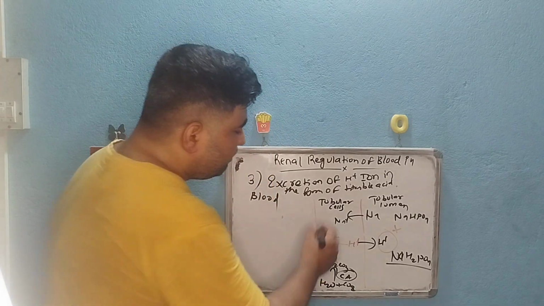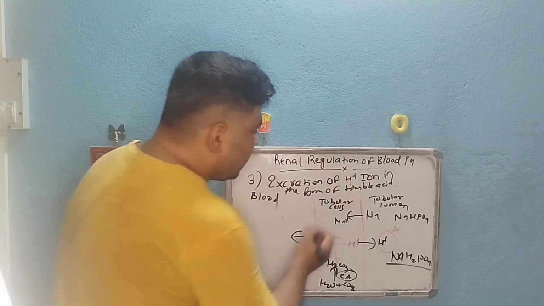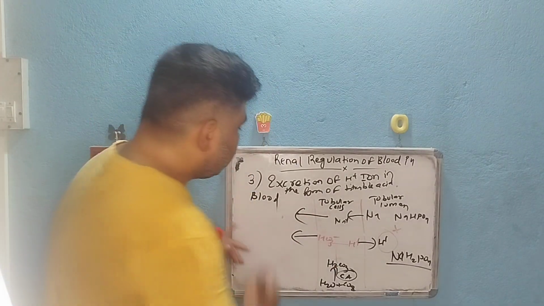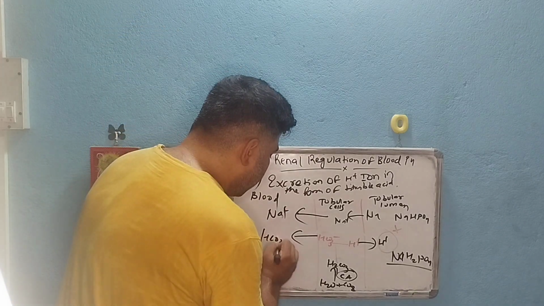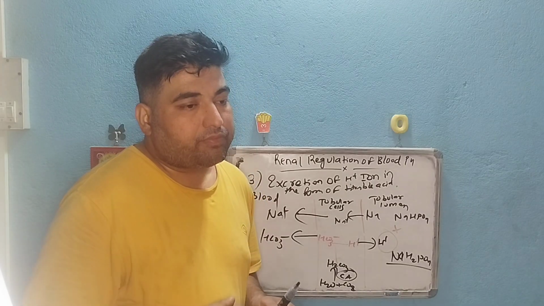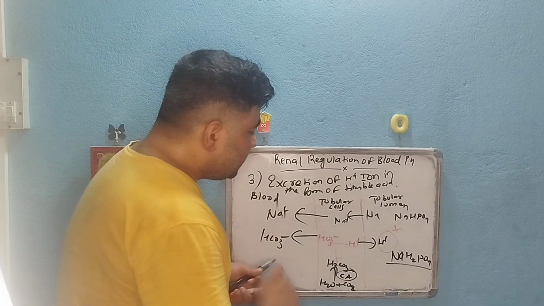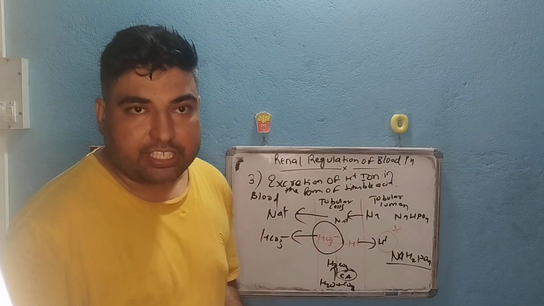The bicarbonate produced in the tubular cells is then reabsorbed back into the blood stream along with the sodium ions. So in this process of renal regulation of blood pH, there is a net regeneration of bicarbonate ions.